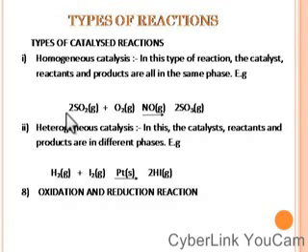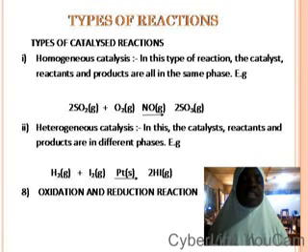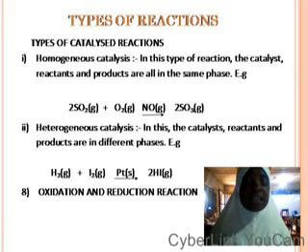Now, types of catalyzed reaction. Mainly, we have two types of catalyzed reaction. That is the homogeneous catalysis and the heterogeneous catalysis. The homogeneous catalysis reaction is a type of reaction in which the catalyst, the reactant, and the product are all in the same phase.